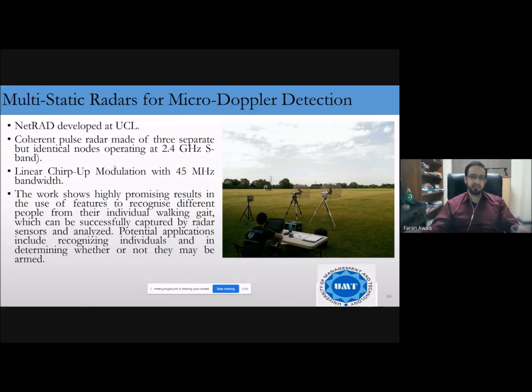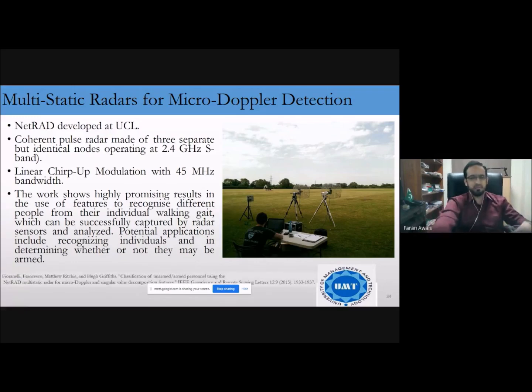It not only detects small drones, but it can also capture walking gait. It can be successfully captured, and also it can be used for recognizing individuals and determining whether they are armed or not, the example that I gave earlier.